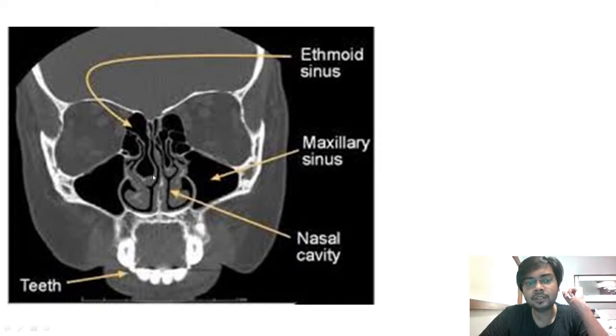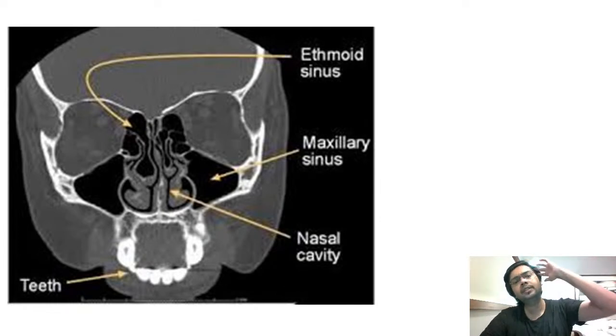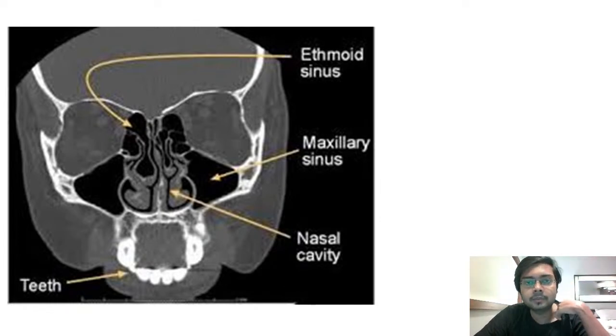What pathology you are seeing here is that your middle turbinate is pneumatized. Pneumatized means air is present in this middle turbinate. And if I ask you, I want to see whether you know, what is the name for pneumatized middle turbinate? So it is called concha bullosa. So pneumatized middle turbinate is called concha bullosa, right?